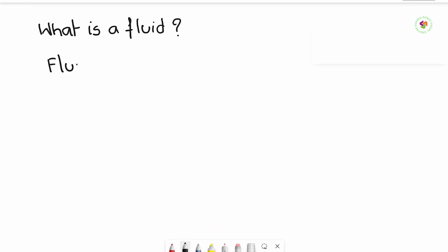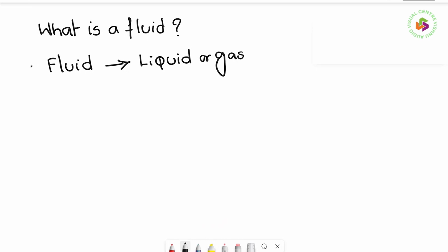Fluid, a liquid, or gas. Okay. Then, does it have any shape? No, it has no shape on its own.